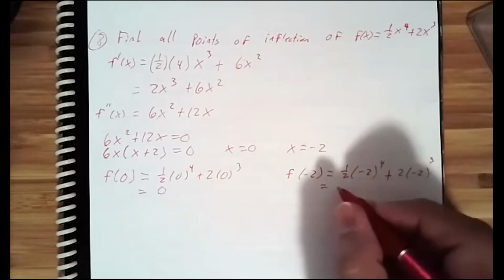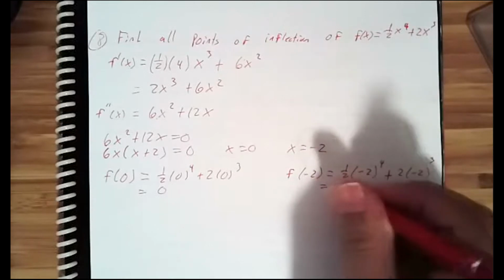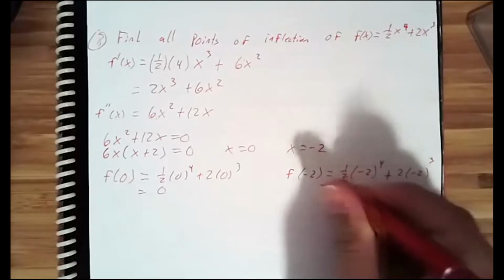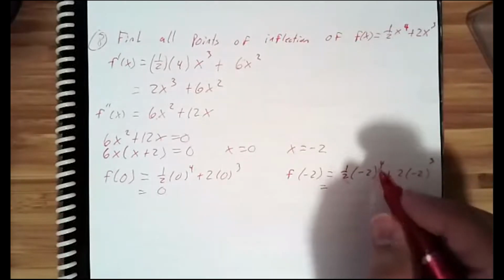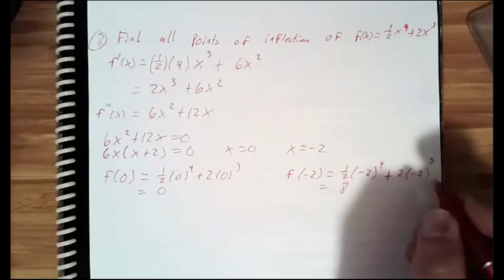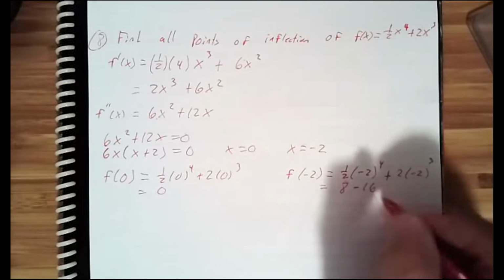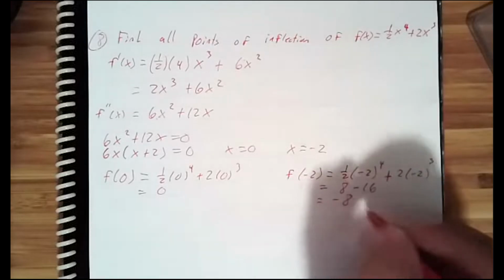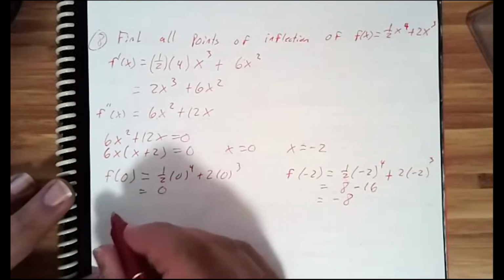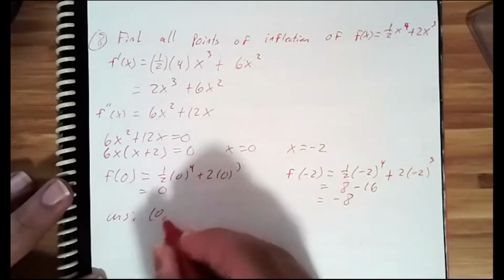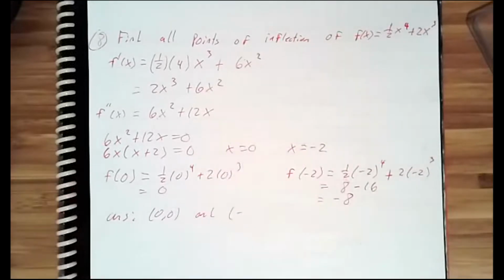So that will be 8 minus 16, -8, yeah, negative. So the answers would be 0, 0, and -2.